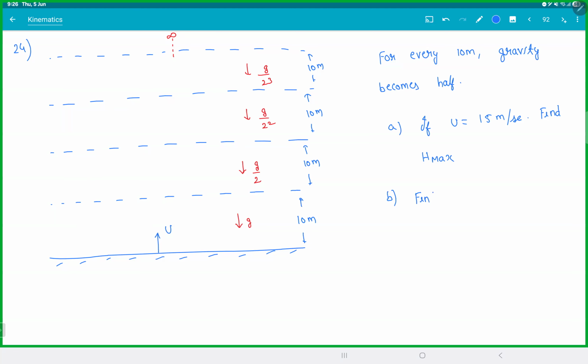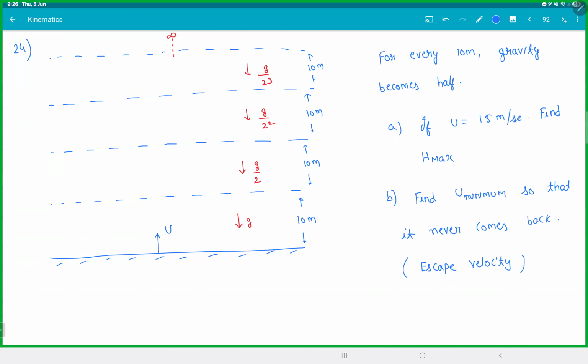Second question, this would be a good one: find the minimum speed so that the particle never comes back. There's a name for this kind of speed. This is called escape velocity. Escape velocity is the minimum speed required to escape a planet.